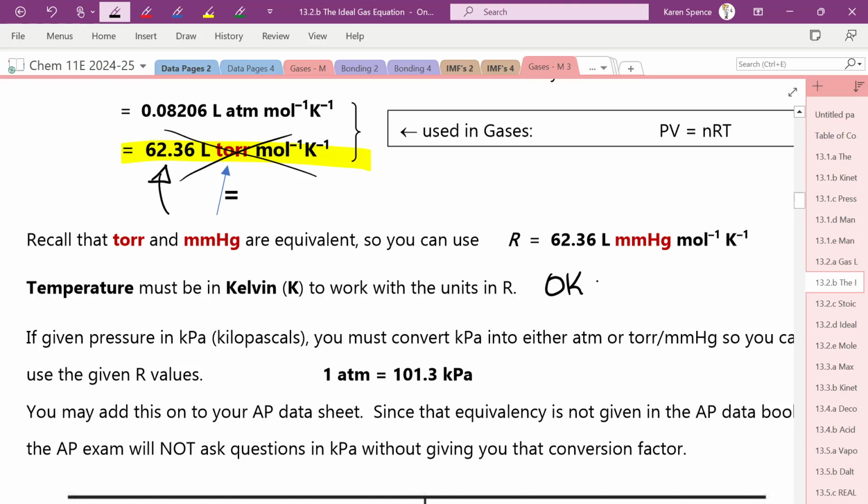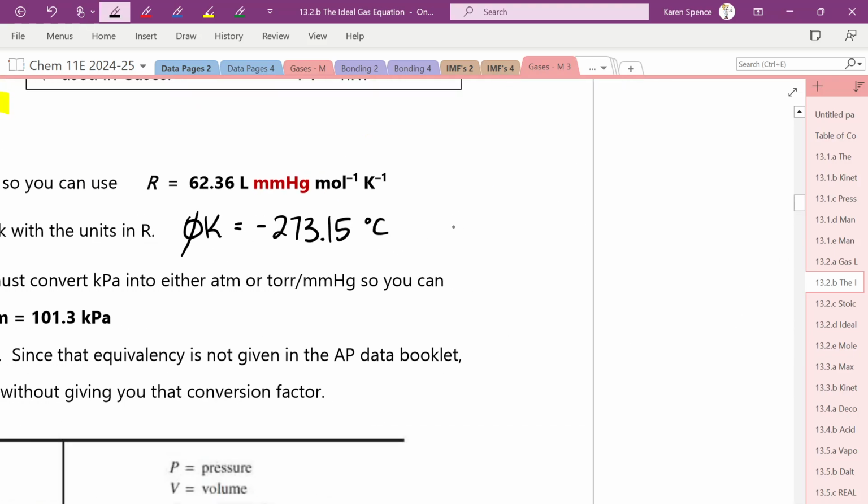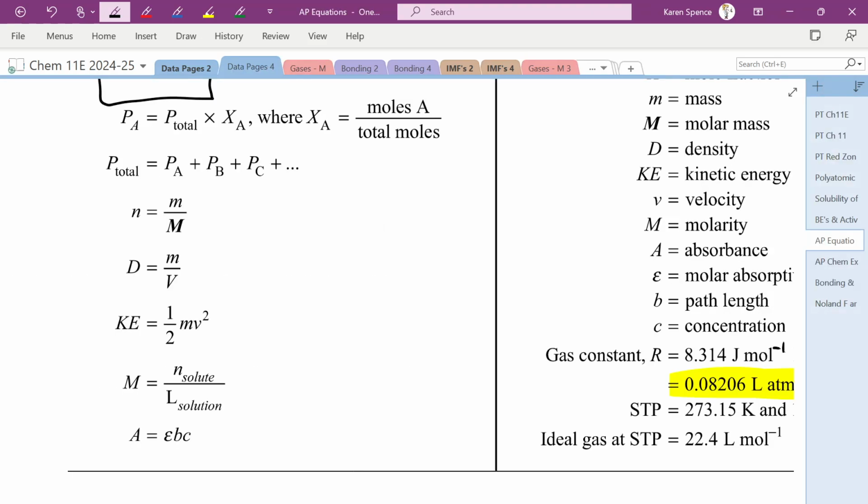0 Kelvin is equal to negative 273.15 degrees Celsius. And because the degrees are the same size, 273.15 Kelvin is equal to 0 degrees Celsius, and that is also on your data pages.